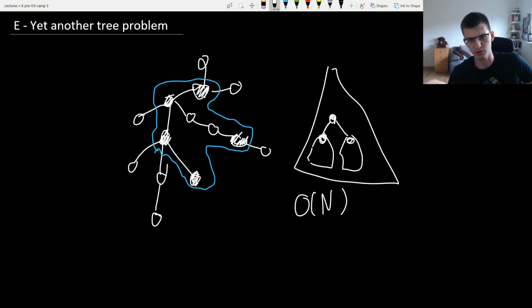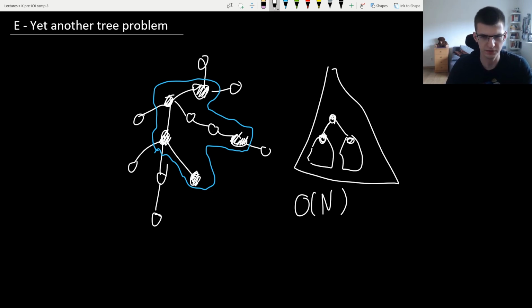I'm telling you what I would try during the contest, and I think this would give us n times polylog, like maybe log cube, maybe log square, something like that. It wouldn't be easy, but you can implement it in 1 hour or 2 hours, not 5 hours and 500 lines of code.